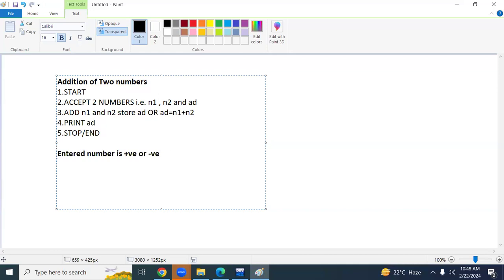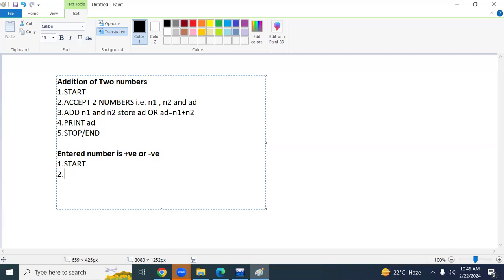Tell me, what is the first step for every algorithm? Help me. It is always start. Yes or no? It's always start. Then second step, what do I want right now? How many variables do I need?